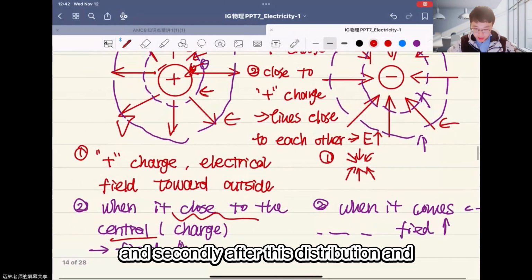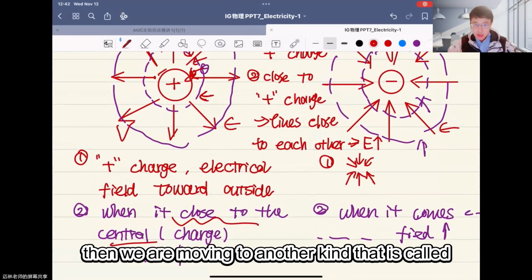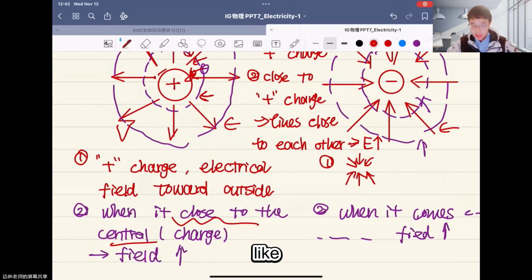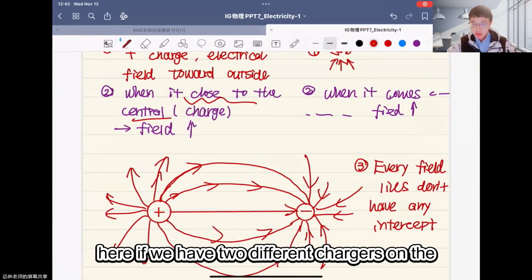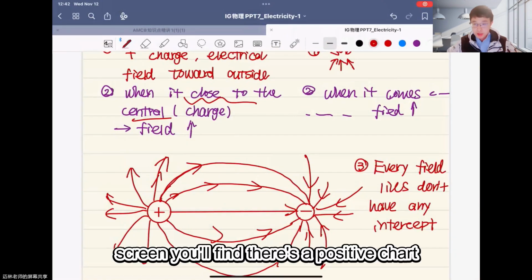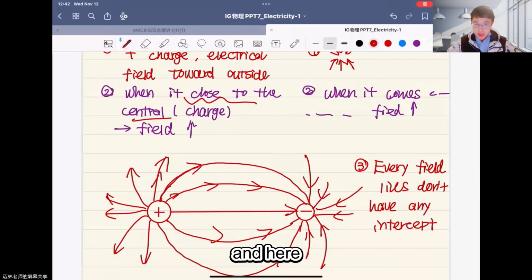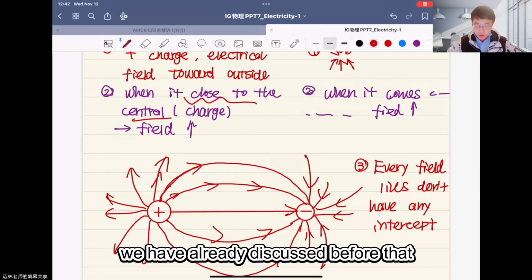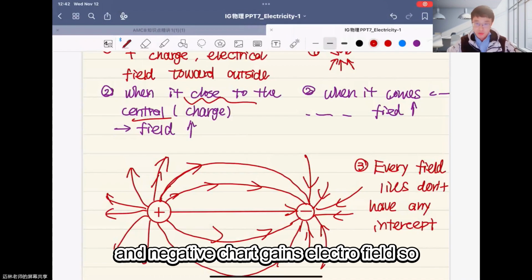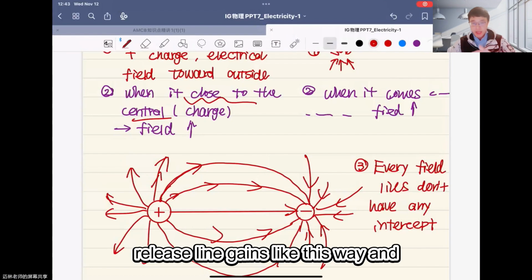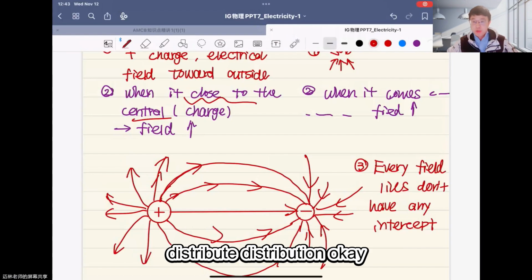And secondly, after this distribution, we move to another kind. Here, if we have two different charges on the screen, there is a positive charge and a negative charge, right? We have already discussed before that a positive charge releases electric field and a negative charge gains electric field. So one releases, one gains, like this distribution.